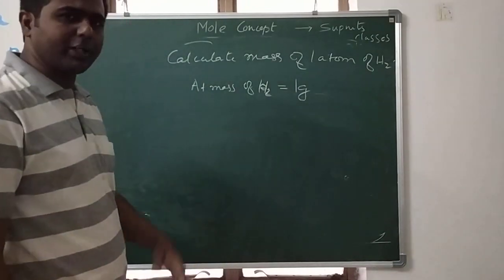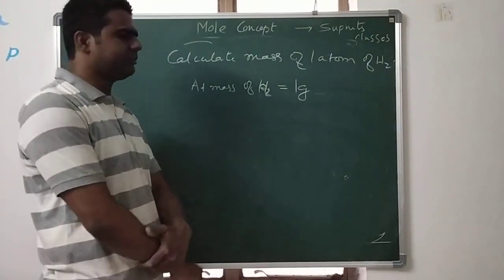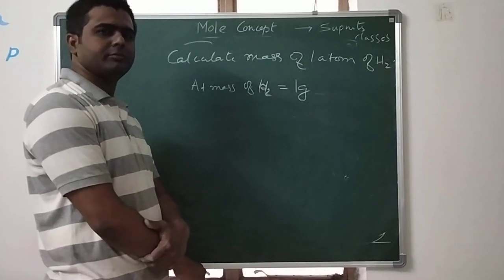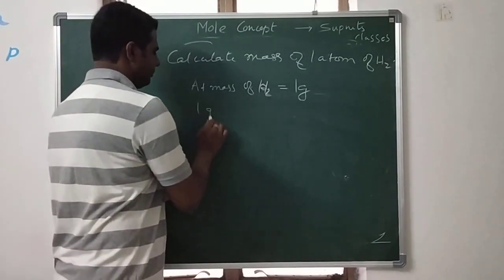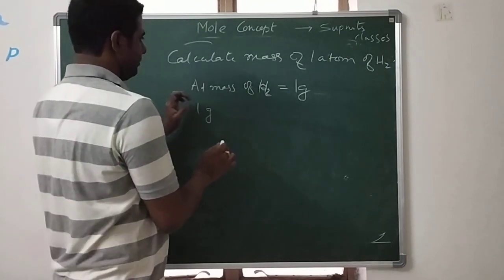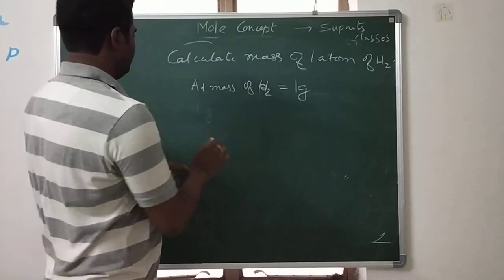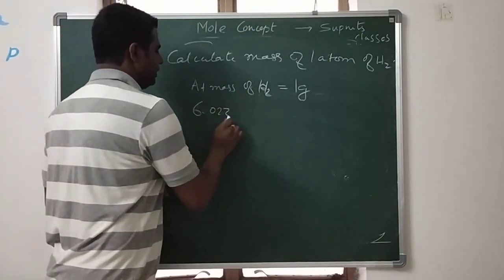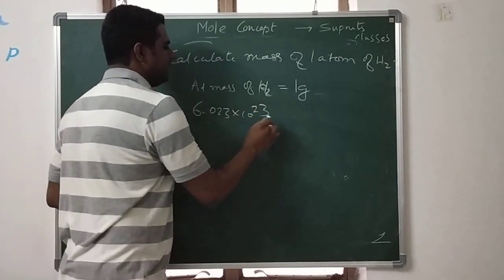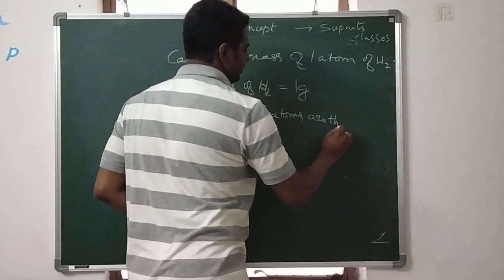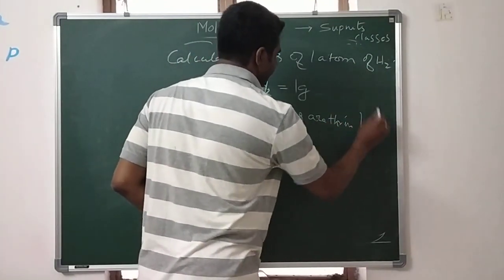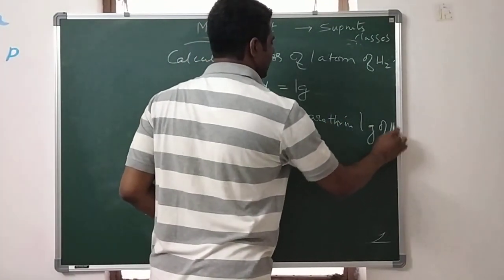So how many atoms are there in 1 gram of hydrogen? 6.023 into 10 to the power 23 atoms are there in 1 gram of hydrogen.